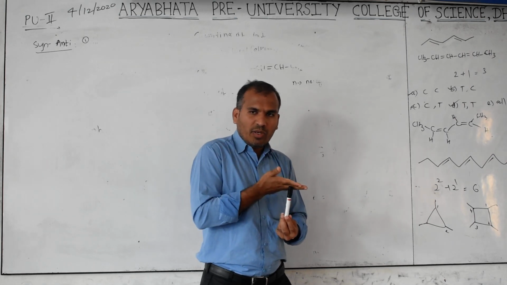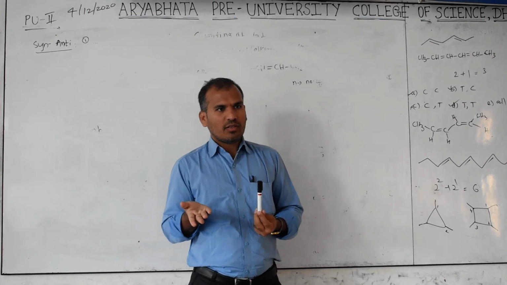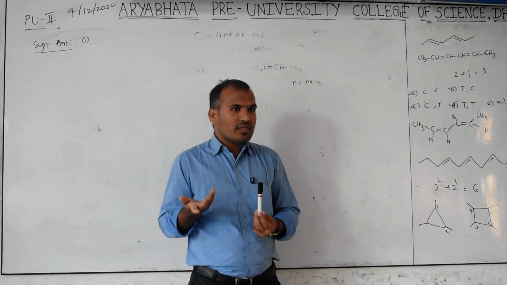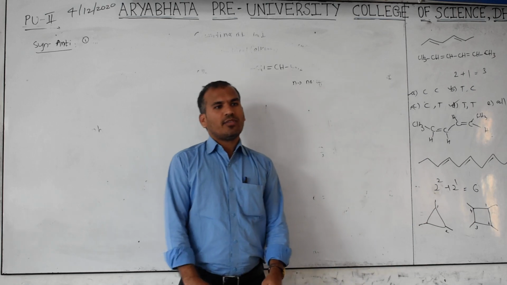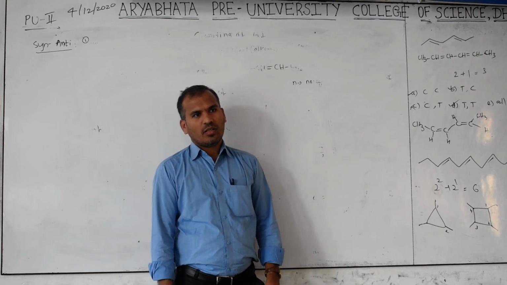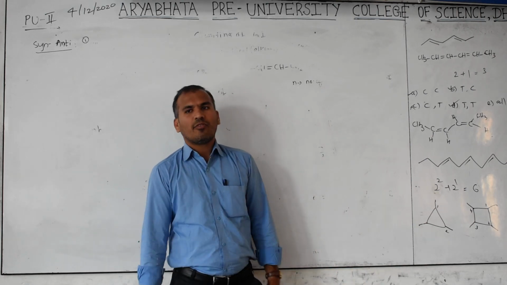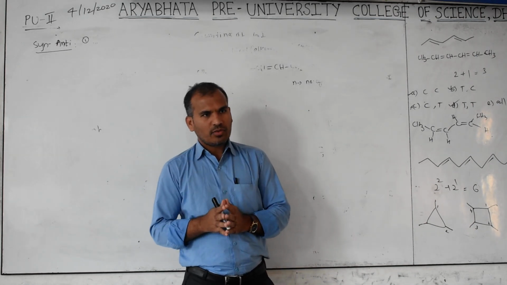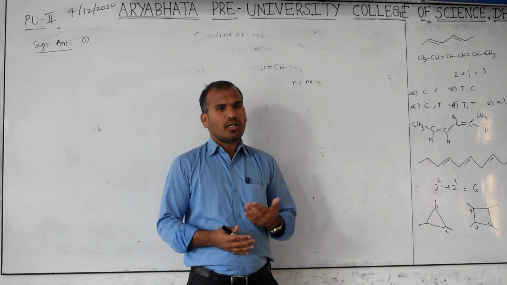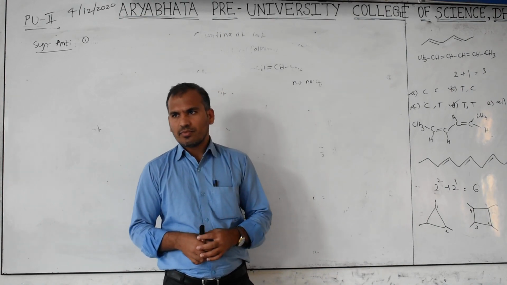Or sometimes S may be good and R may be poison, or it may create some disease also. Therefore it is very important to know optical isomers. Then there is a set of rules for how to identify whether a compound is optically active or inactive, and what the RS nomenclature is. We will discuss that in the next class. Completed?